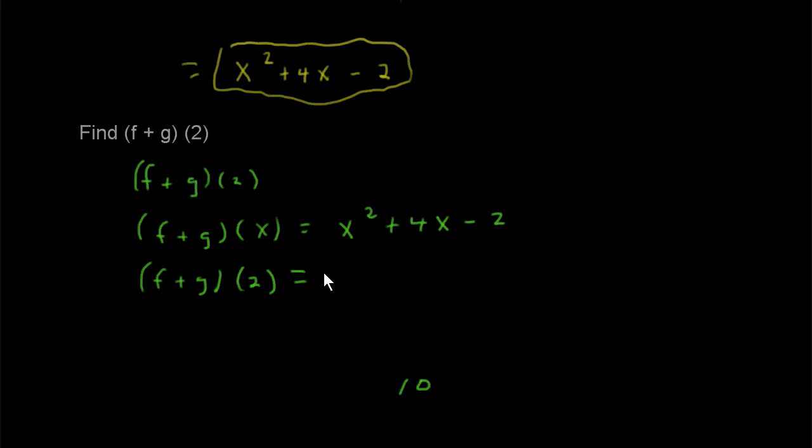So we'll have 2 squared plus 4 times what? Well, 4 times 2, and then subtract 2. And what is 2 squared? Well, that's 2 times 2, that's 4. What is 4 times 2? That's 8. And then subtract 2. And let's see, so 4 plus 8 is 12, subtract 2 is 10. So the answer to that second problem was 10.